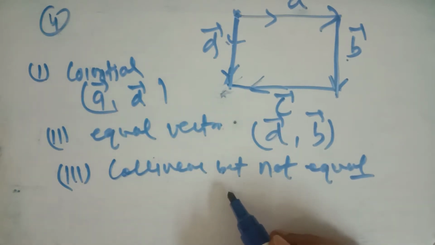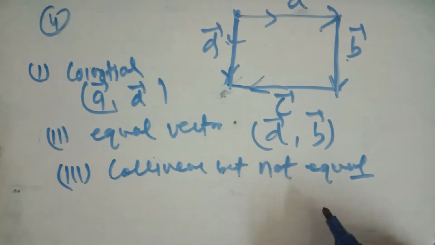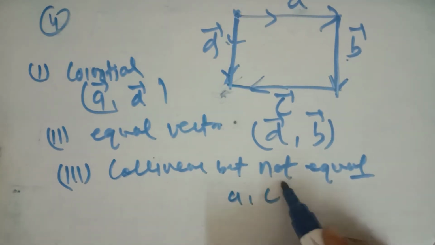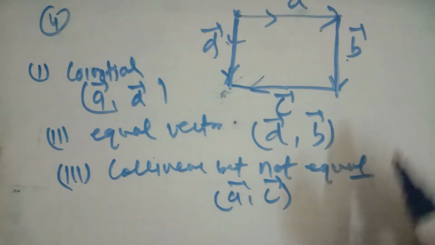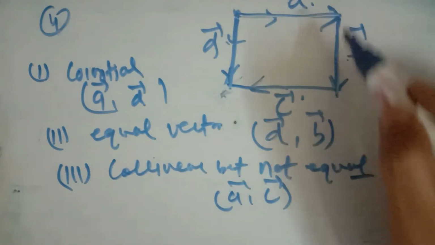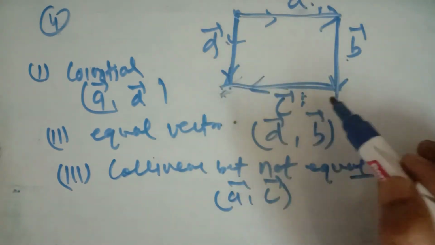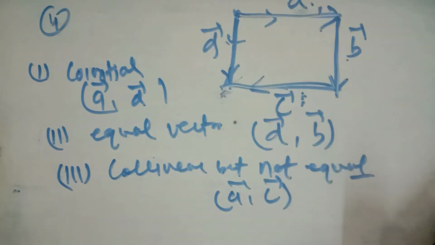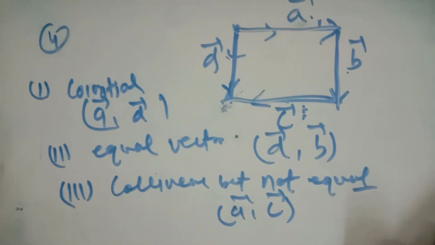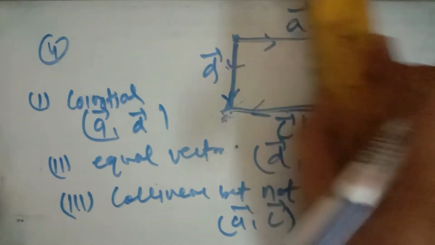So you can write which vectors are collinear with different direction but are not equal. So these vectors are A and C. Now why are they collinear but not equal? The directions of A and C are opposite, but their magnitude is the same because it is a shape of a square. So this is question number 4 of the first exercise.